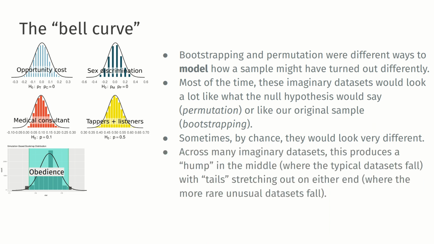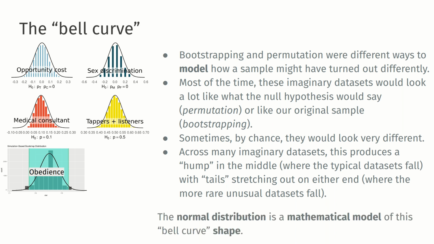And when we do many, many simulations and keep track of how often each of those different outcomes occurs, this produces a histogram that looks like this sort of bell shape, where there's a hump in the middle, where all of the typical data sets tend to fall, and then tails stretching out to either side, where the more rare or unusual data sets tend to fall.